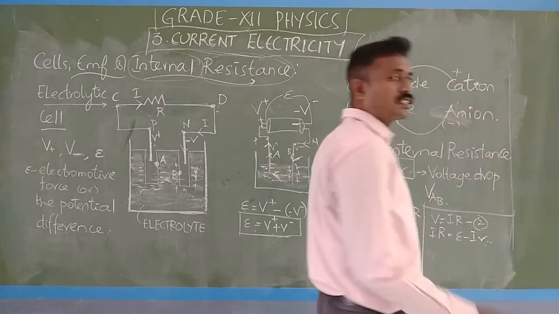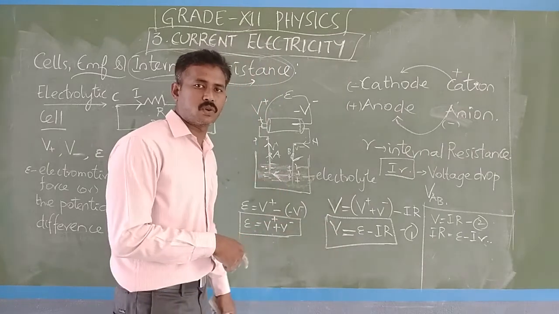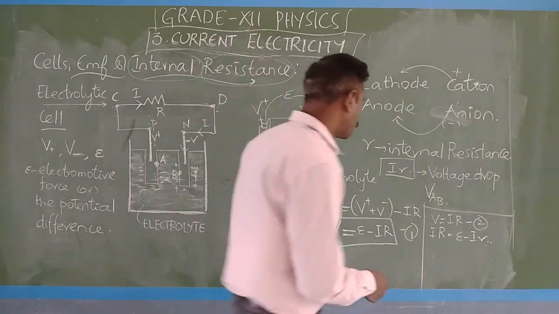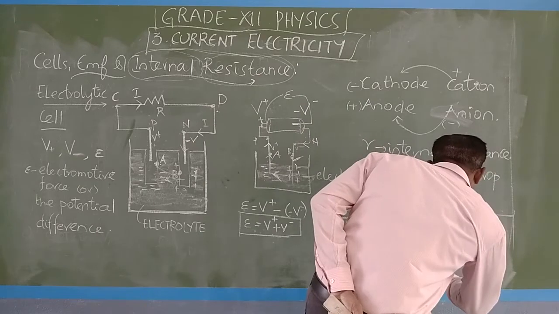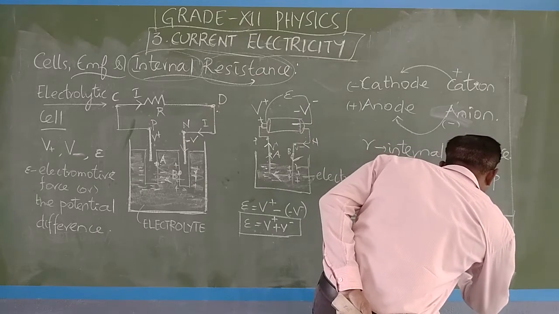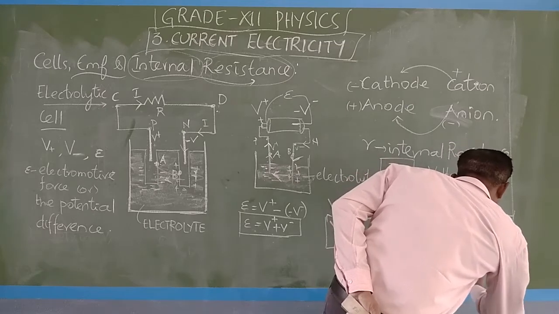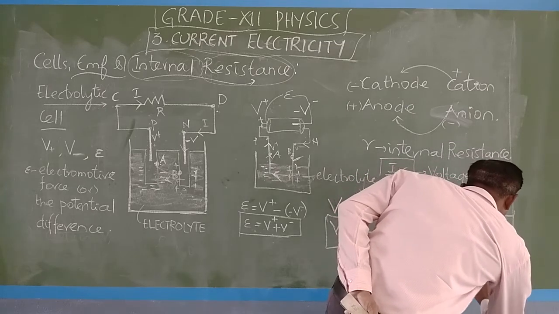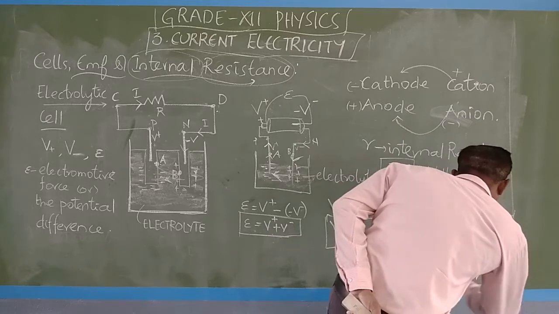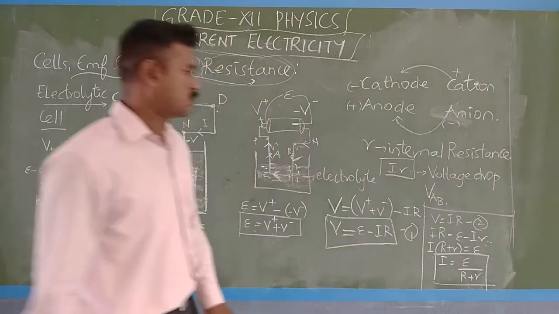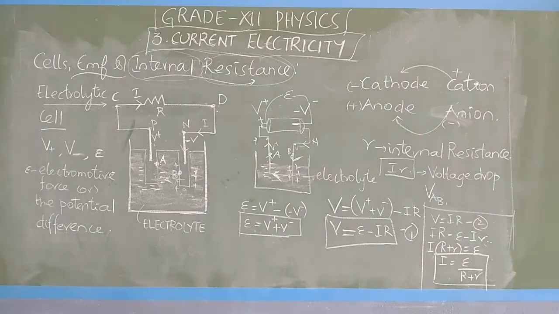So use the small r for the internal resistance. Do not use capital R. So I times (R plus r) is E. So I is E by (R plus r), so that is the final formula here.